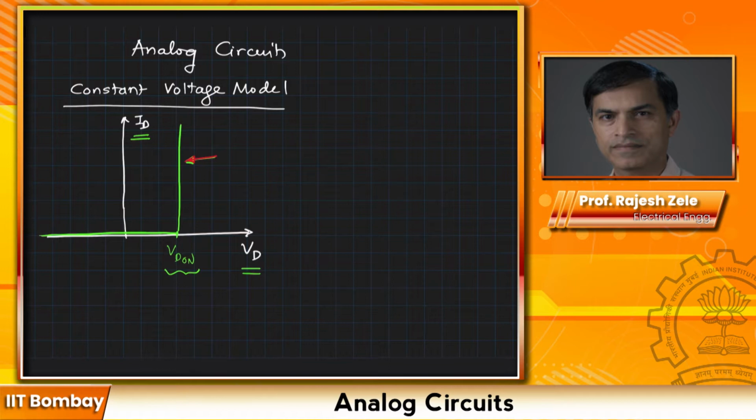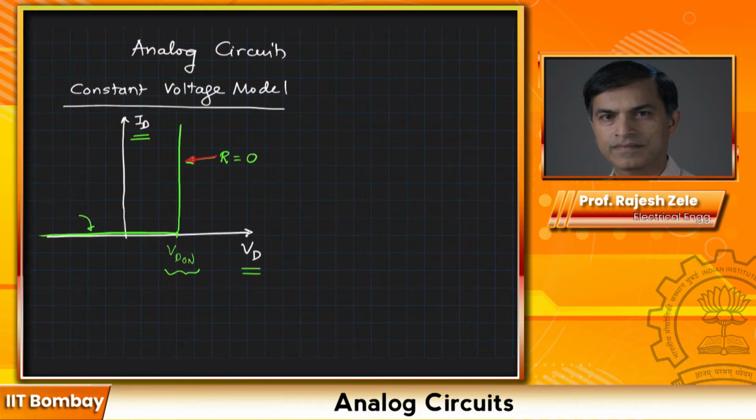The way to look at it is, if there is any change in voltage, how much is the change in current? The change in current is extremely high, because it's almost going towards infinity. So delta V divided by delta I, and you can immediately see the resistance of the diode here is going to be equal to 0.